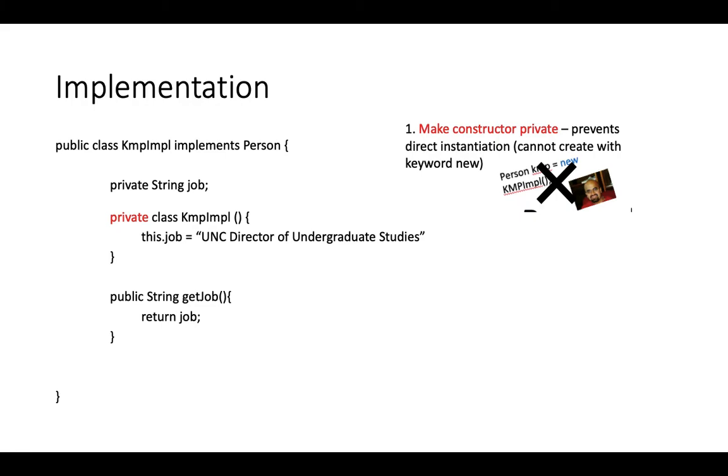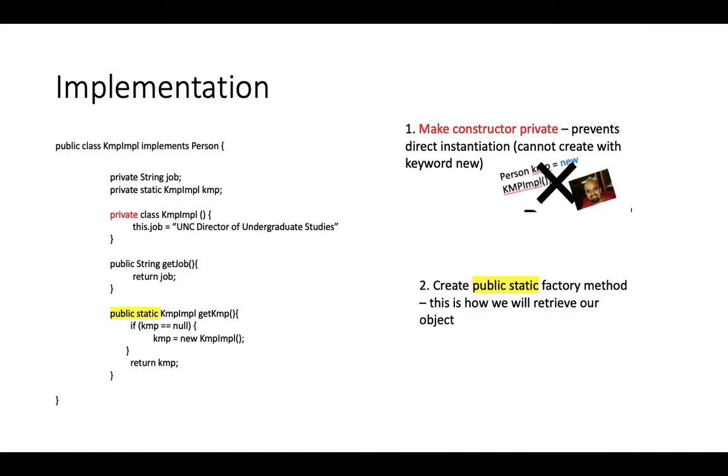So now that we've made the constructor private and we have prevented direct instantiation, we still need a way to retrieve our object. And the way that we do retrieval is with our public static factory method. So at the bottom, you can see we added in a public static method called getKMP that returns to us an instance of the class.